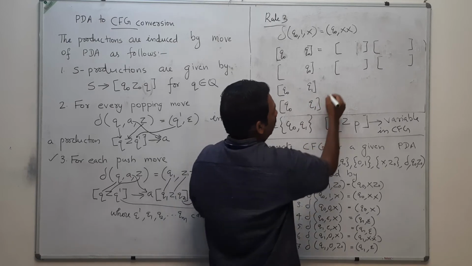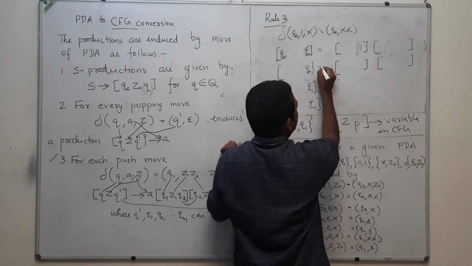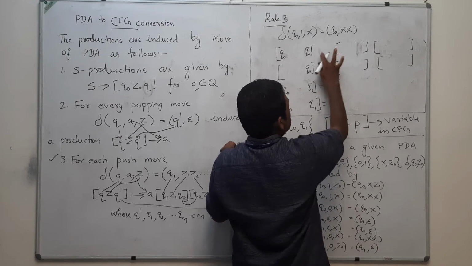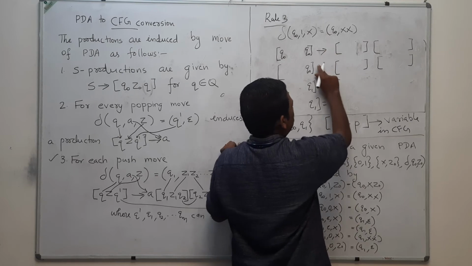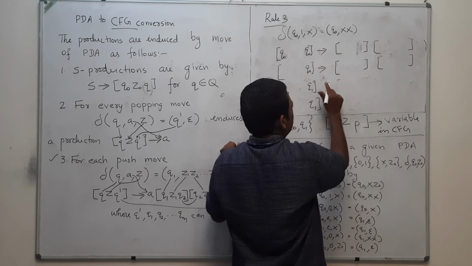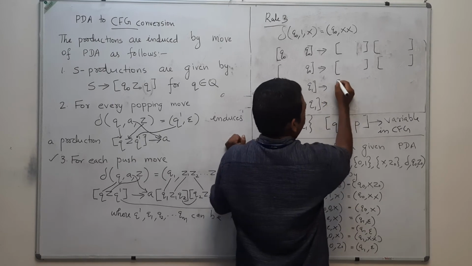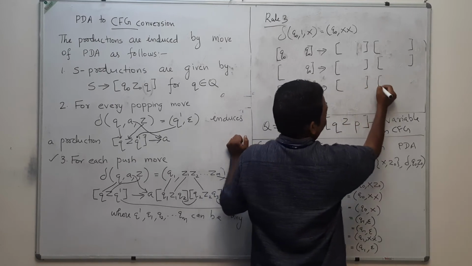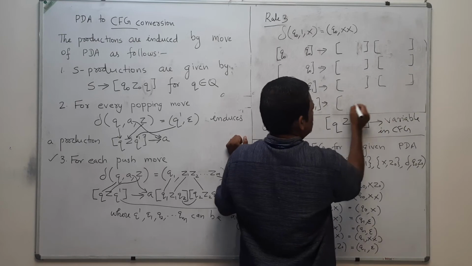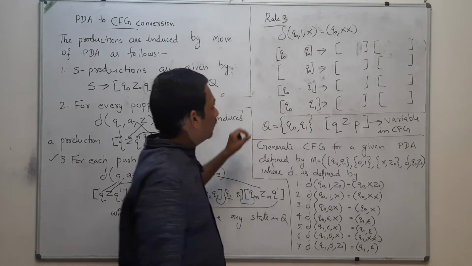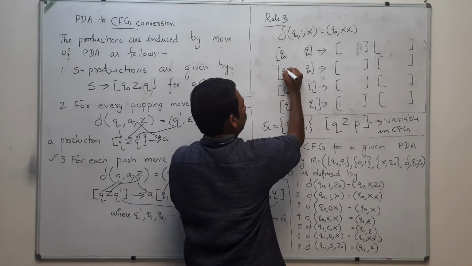Okay, equal to, or this is actually deriving. This is not equal to, this is deriving. What is this? Followed by this. Say here also Q0.